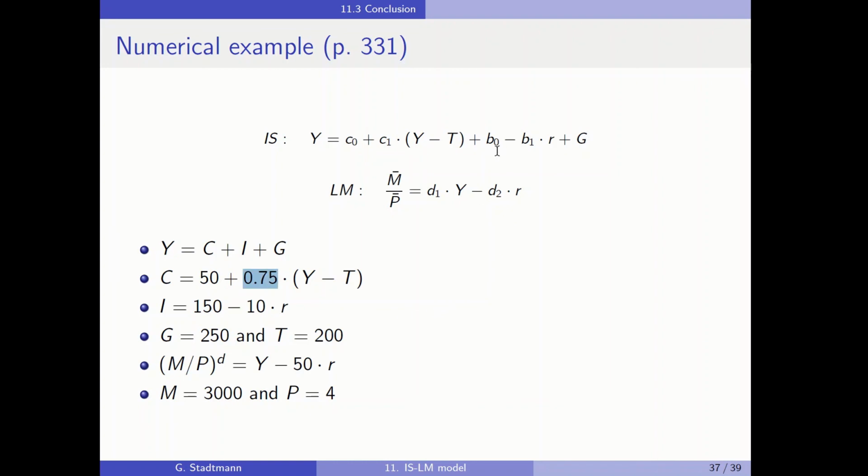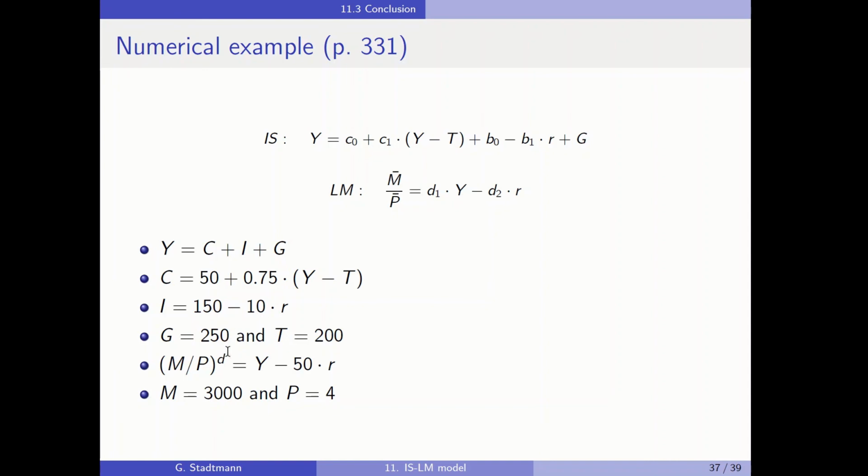The investment function is equal to 150 minus 10 times R. So the 150 here symbolizes the autonomous component of investment. And this minus 10 indicates that here our parameter B1, the interest rate sensitivity of investment, is equal to 10, or like minus B1 is equal to minus 10.